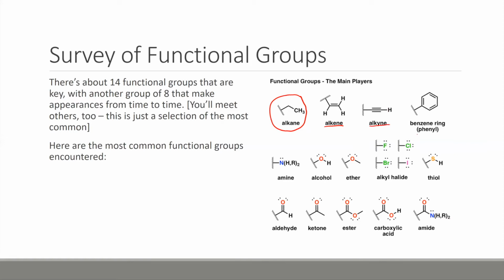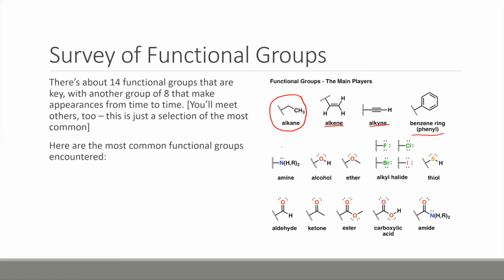A benzene ring, sometimes called a phenyl ring. An amine, this is a nitrogen, and it can have hydrogens on it, or it could have other carbons on it.